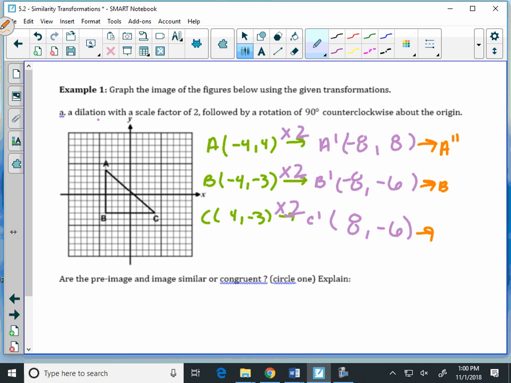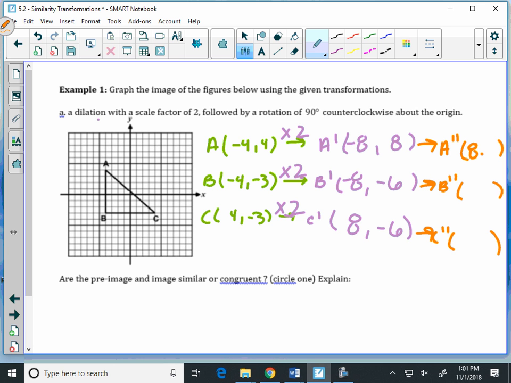So when we do a 90-degree rotation, Bree, what is the rule? You have to swap the things. Good. Yes, the x, or the first.